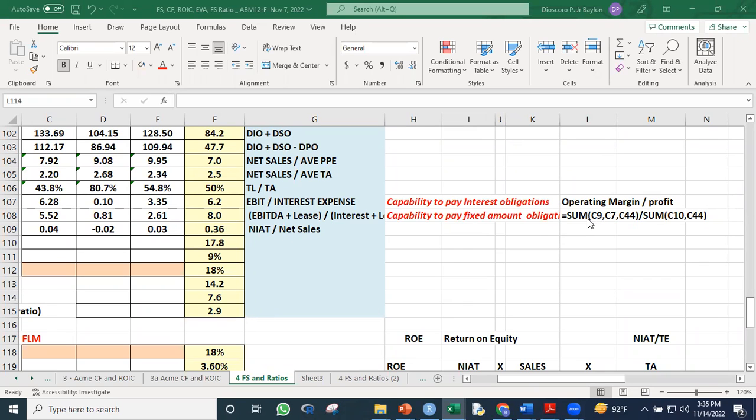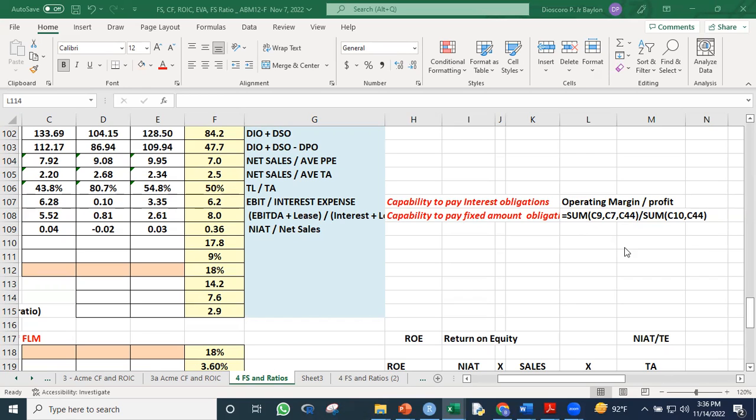Di ba ito EBIT plus depreciation plus lease. Kasama yung lease. Okay? So for the numerator, it's EBIT plus depreciation plus lease. Kasi kino-compute natin kung ilan yung available natin na pambayad.